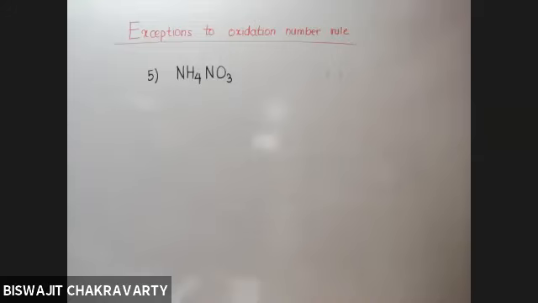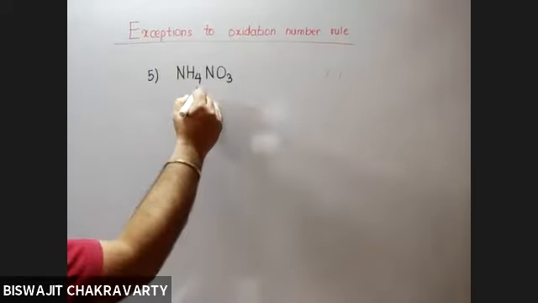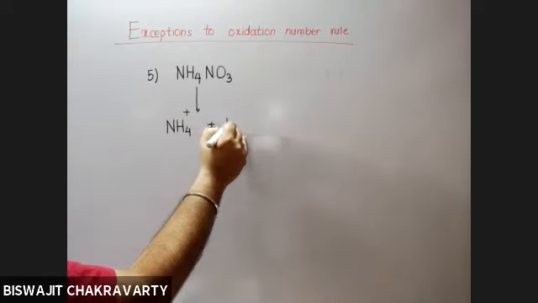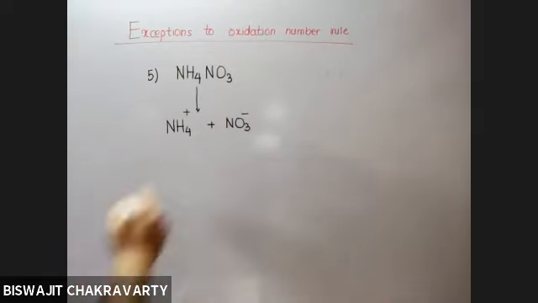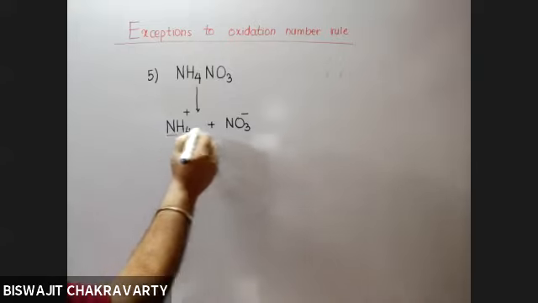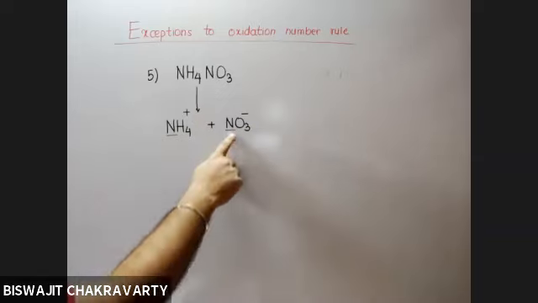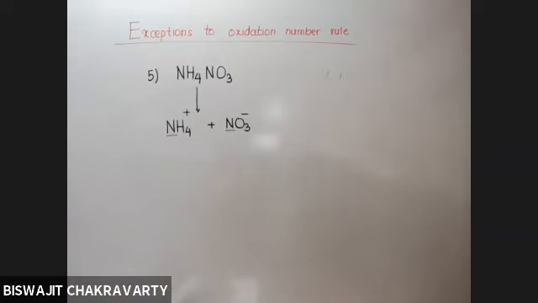Now, if you are asked to calculate the oxidation number of nitrogen, both nitrogens are present in different environments, so it will be improper to mix them up and calculate. So how will we calculate it? We'll first break it down into their respective ions, the ammonium ion and the nitrate ion, and thereafter calculate the oxidation numbers of nitrogen separately in these two. Now tell me what will be the oxidation state of this nitrogen and of this nitrogen.